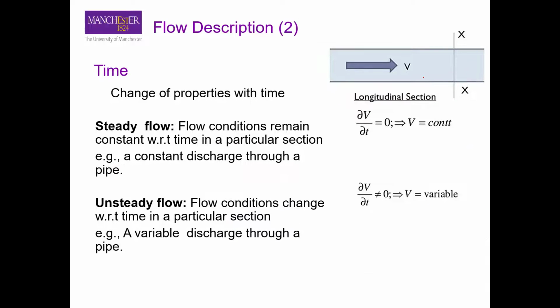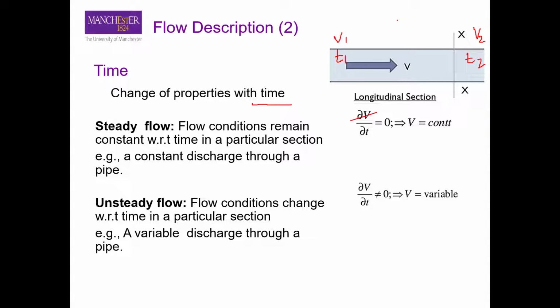Then you can also have a change of properties with respect to time, and you will see it very often. One is when the flow properties remain constant with respect to time, we call it steady state flow or steady flow. One example is that here you have velocity 1 at t1, and then you have velocity 2 at t2.